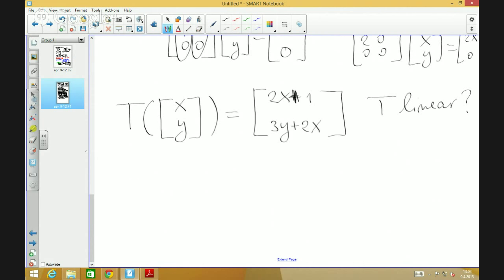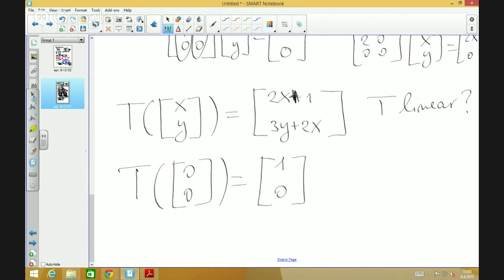If you plug the 0 vector in, that is to say you compute T of (0, 0), what you get is 2 times 0 plus 1, 1, and then 0, which is 3 times 0 plus 2 times 0. So since this is not the 0 vector, T is not linear.